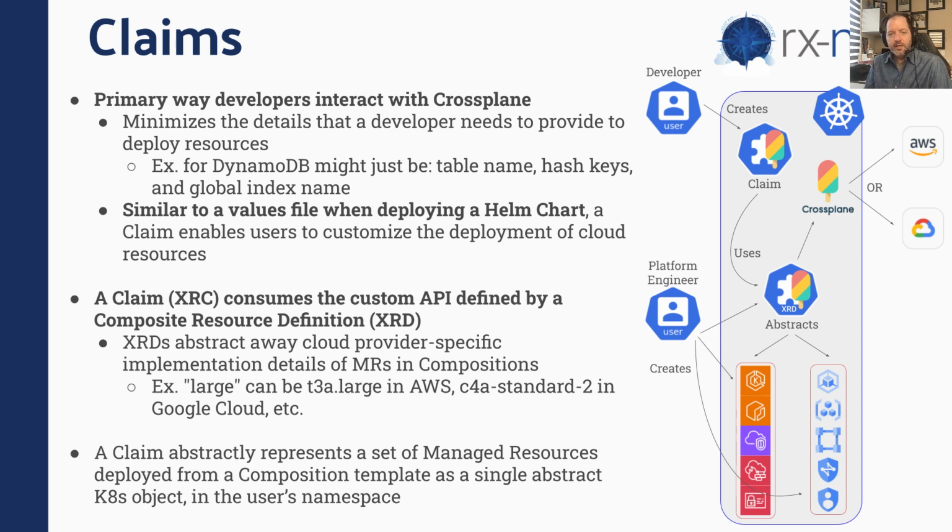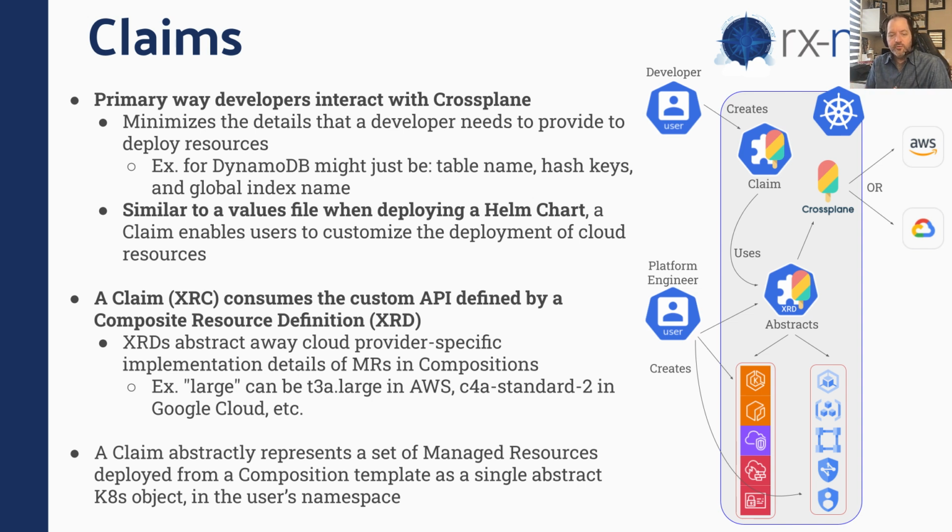So maybe if my composition is for DynamoDB, it might just be the table name, the hash keys, and the global index name, and that's it. So we want to create a way for users to give us potentially generic input and then convert that, and right, patch and transform lets us do that.